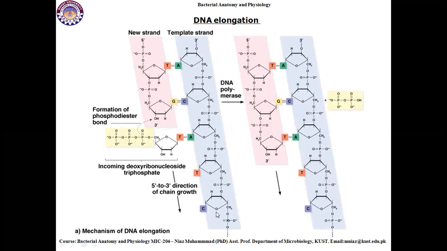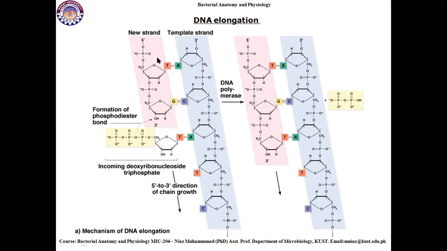This is thymine. This is cytosine. And these are phosphodiester bonds, and it goes on. So this is the new strand, or we can say the daughter strand.